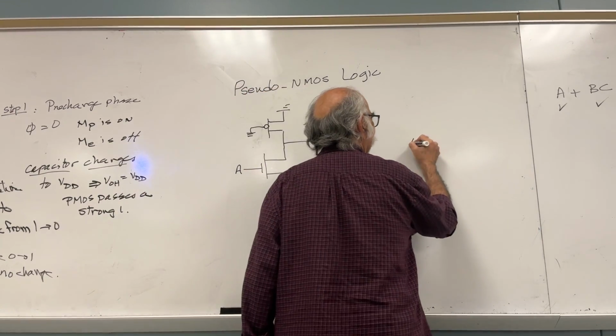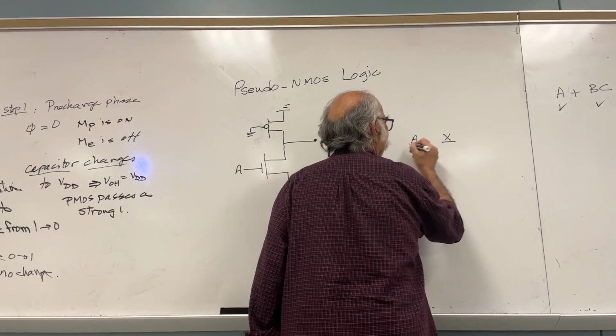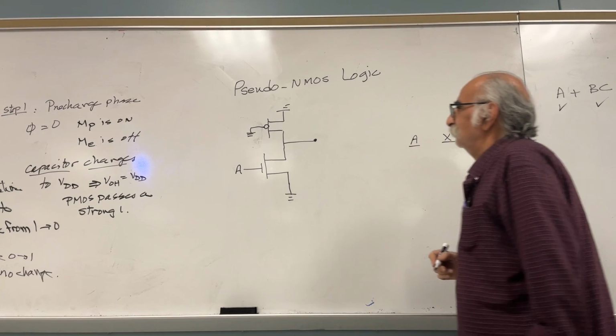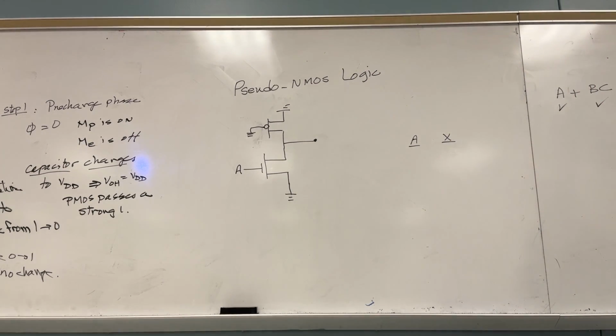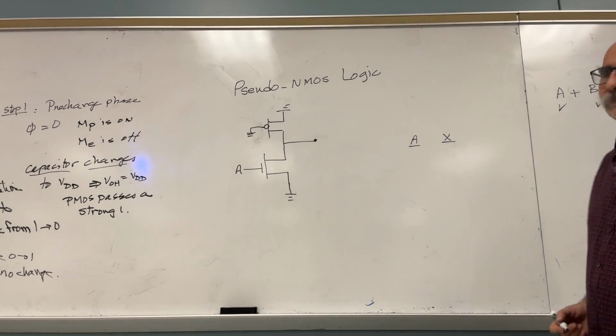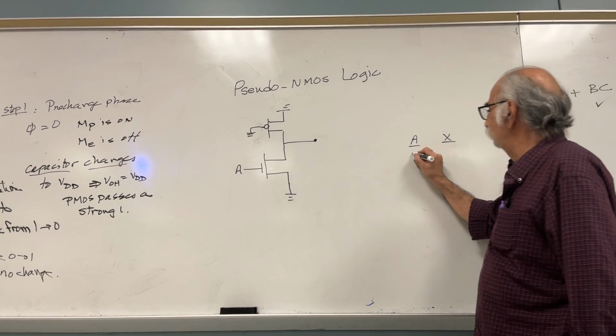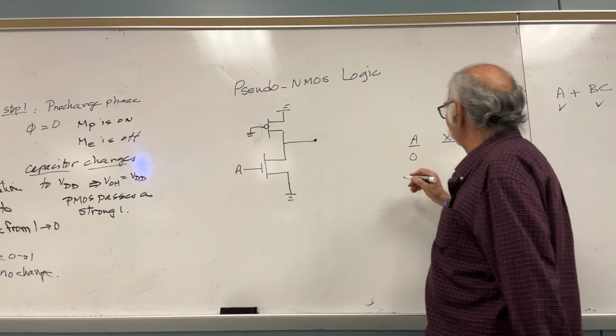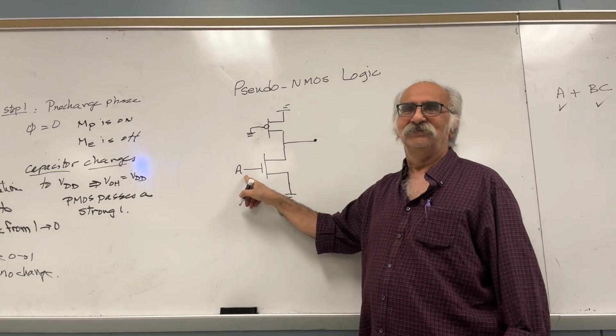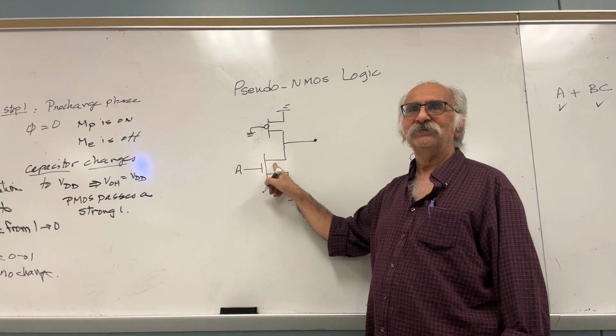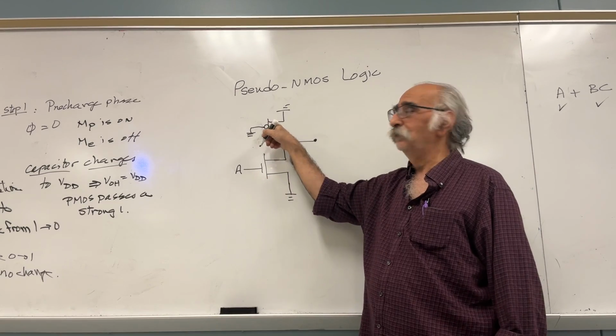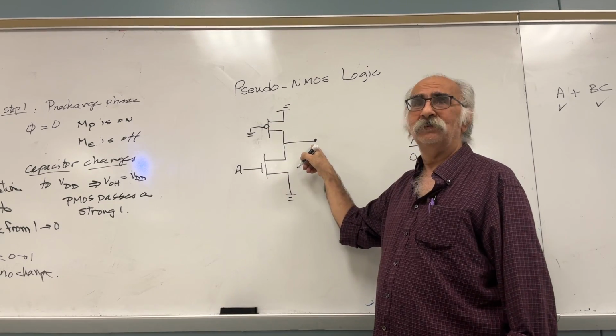A, X. When A is 0, X is 1. If A is 0, what can you tell me? Off. Off, on, output 1.